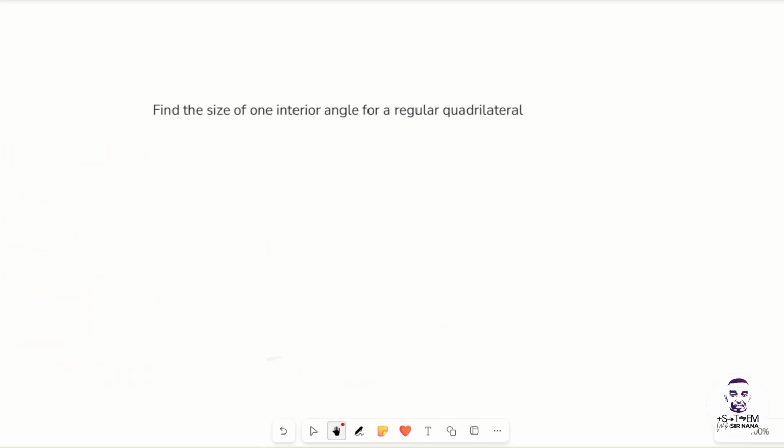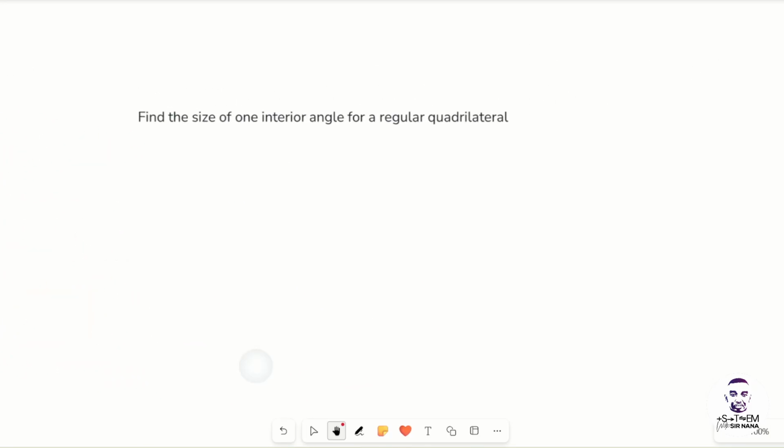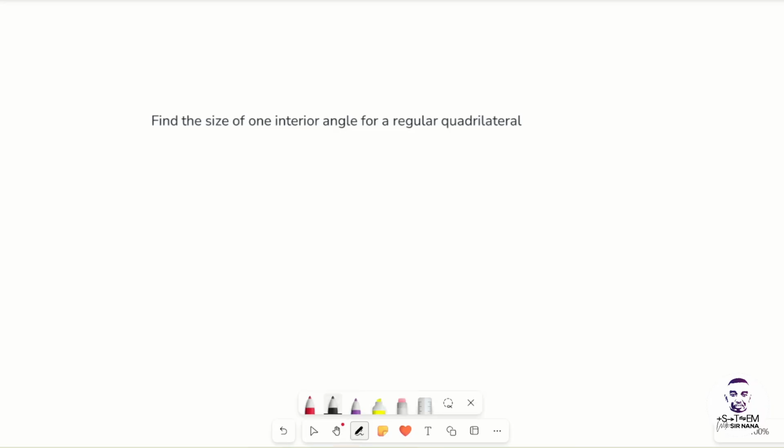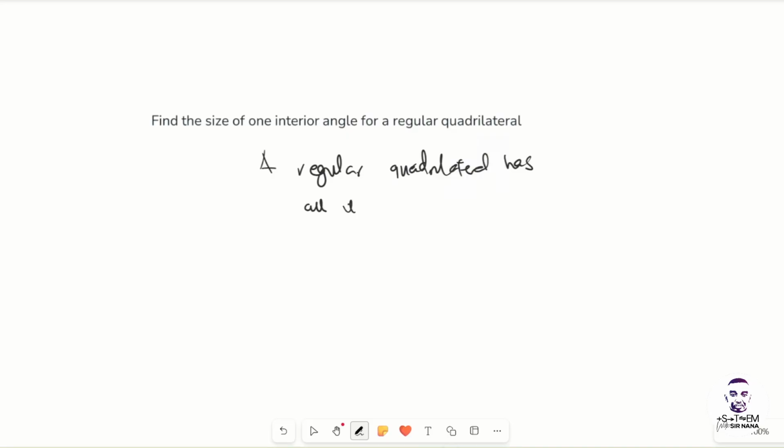In this question, they've given us the size of one interior angle. So we'll say find the size of one interior angle of a regular quadrilateral. Remember that a regular quadrilateral has all its sides equal, right?